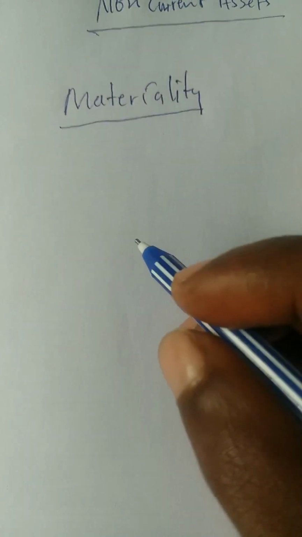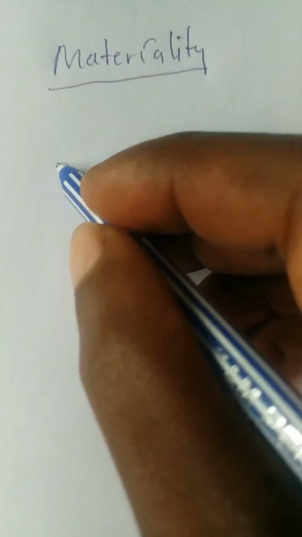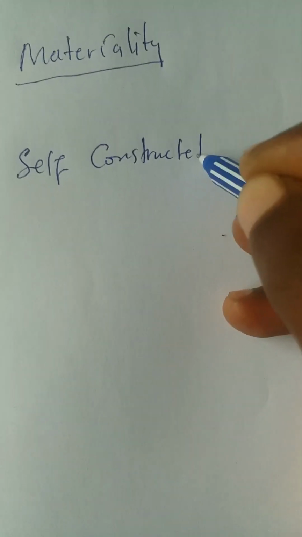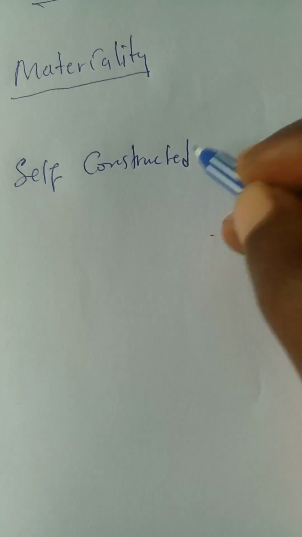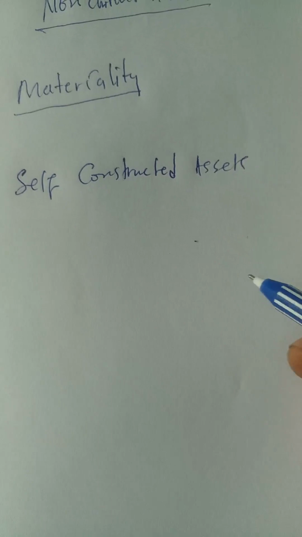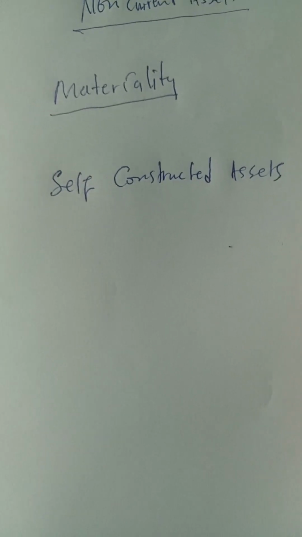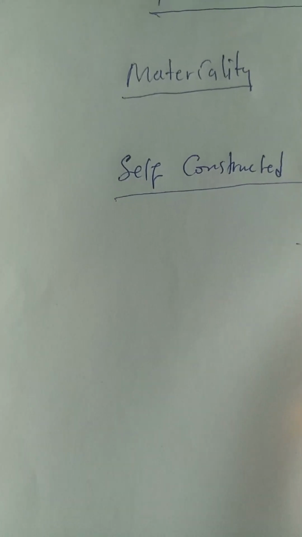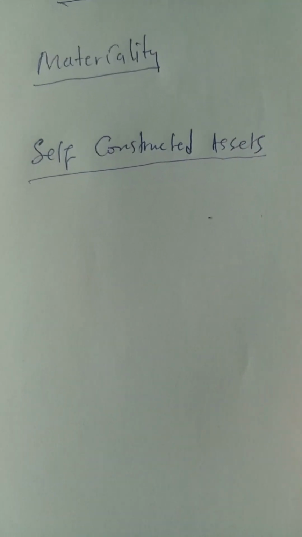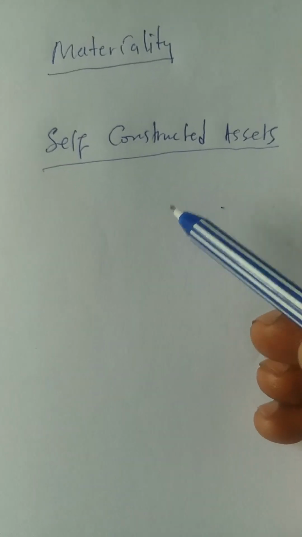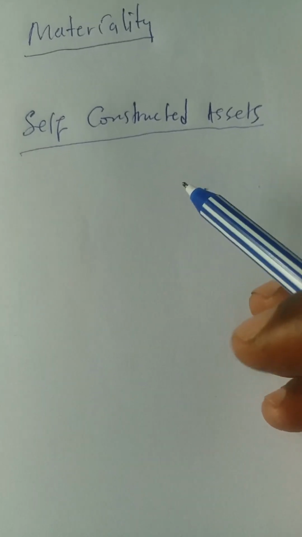The other item I want to talk about is self-constructed assets. These are assets whereby you have a project, you're building a big building, and then self-constructed assets come in, whereby maybe the builder builds their own office within the premises.